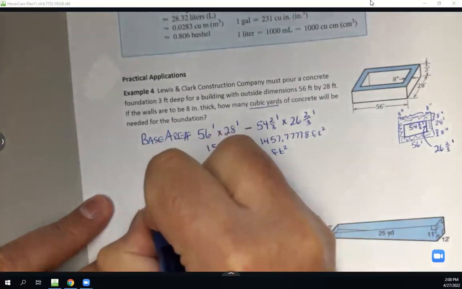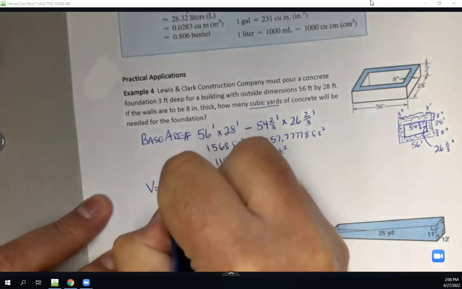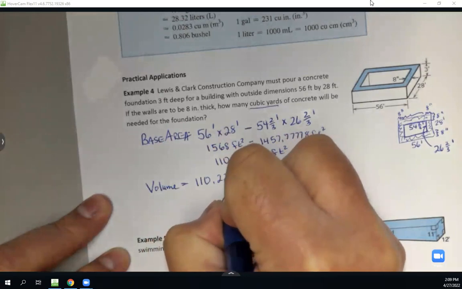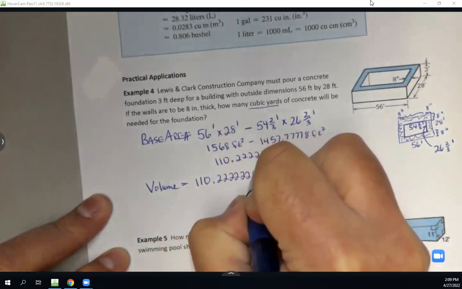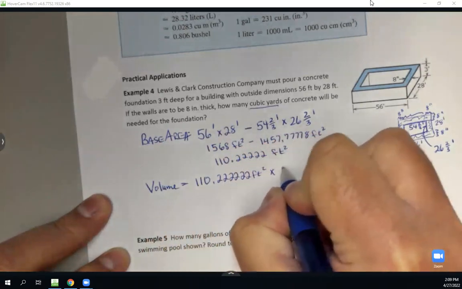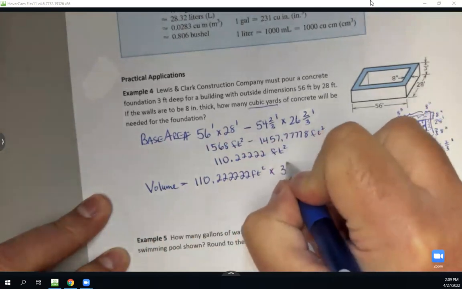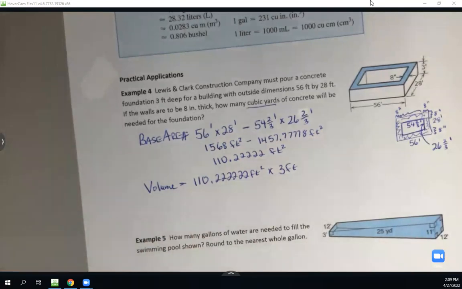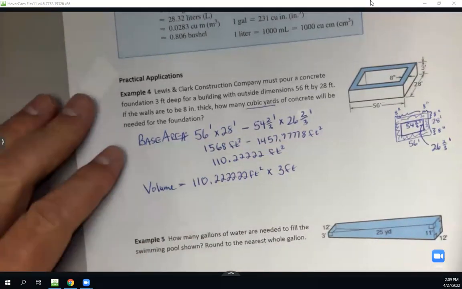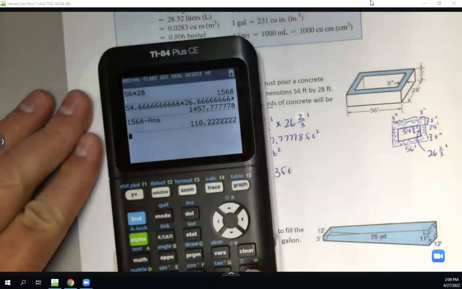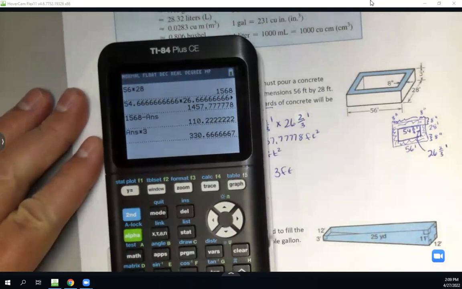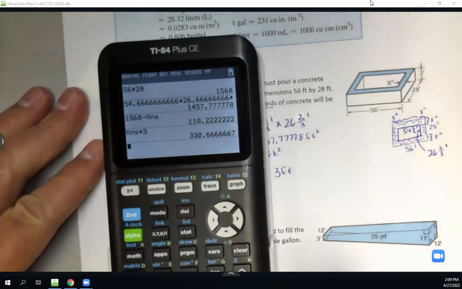So the volume is going to equal the 110.2 repeating square feet times the 3 feet, which is the depth or the height of that foundation. So if I just take the 110.2 repeating times 3, that's going to be 330.6 repeating, which is 330 2/3.